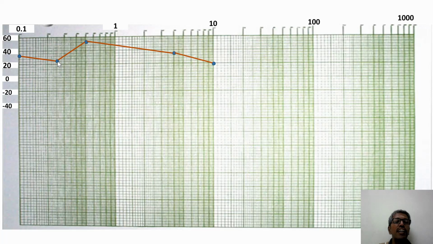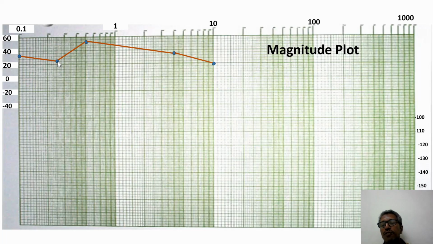Similarly, the second half of the graph will be used for the phase plot. So you take it as a phase plot in negative. So minus 100, minus 110, minus 120, minus 130, minus 140 and minus 160. So similarly, for different corner frequencies, you mark the phases as per the table in the phase plot.